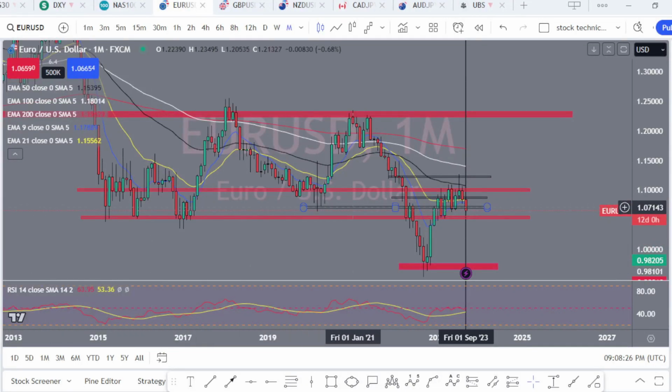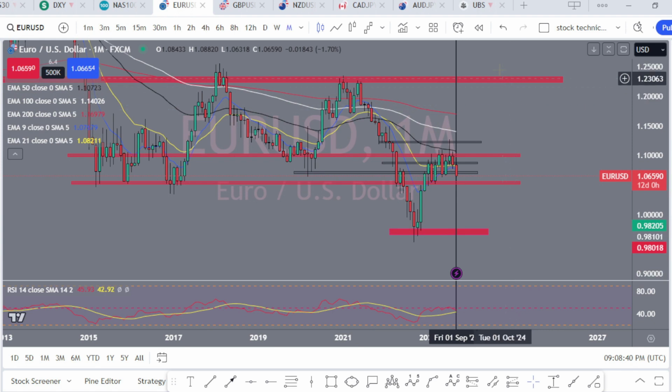This is an analysis for the currency pair EUR/USD, Euro versus the US dollar. Right now, you're looking at the monthly time frame, because everything in red is my analysis for the monthly time frame.